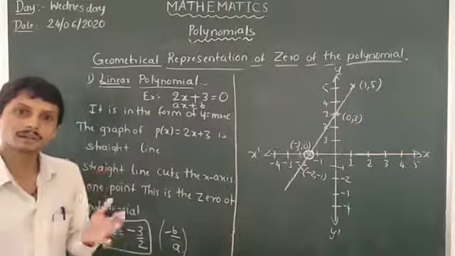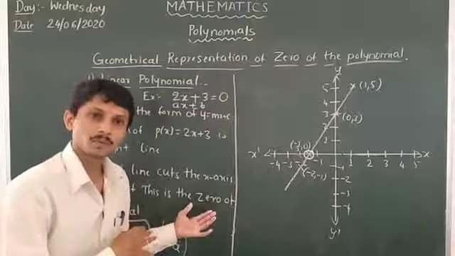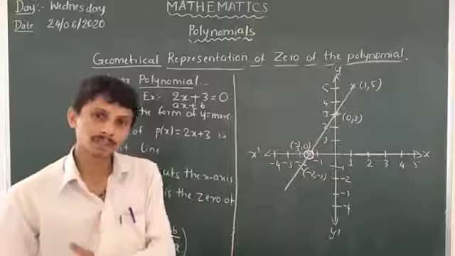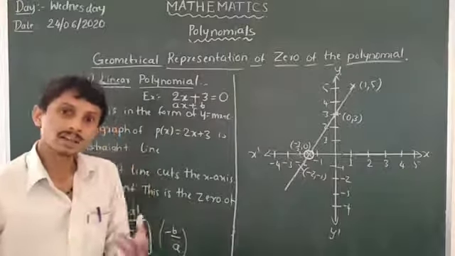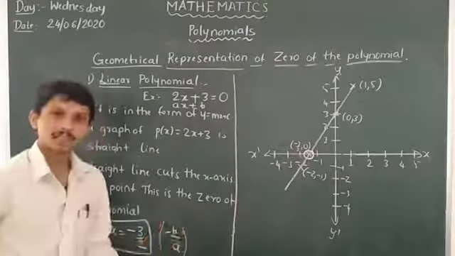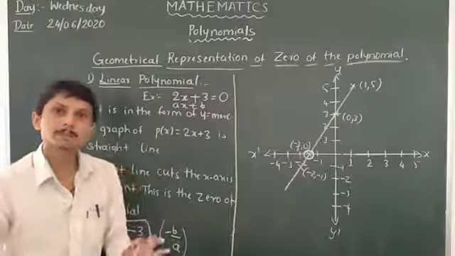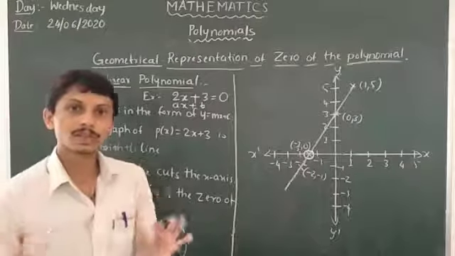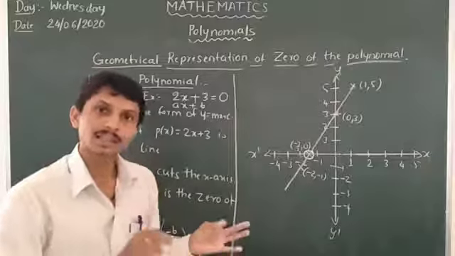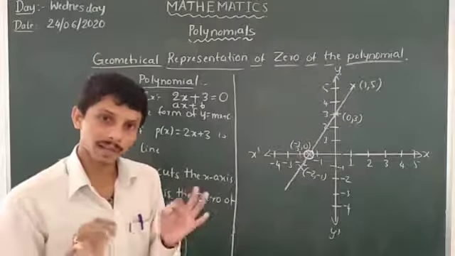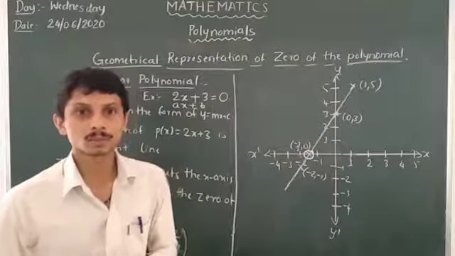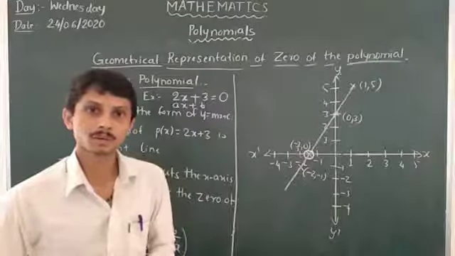Whatever the example of a linear polynomial, we can write the 0 in this minus b/a form. That also means a linear polynomial has only one 0. I hope you understood that.